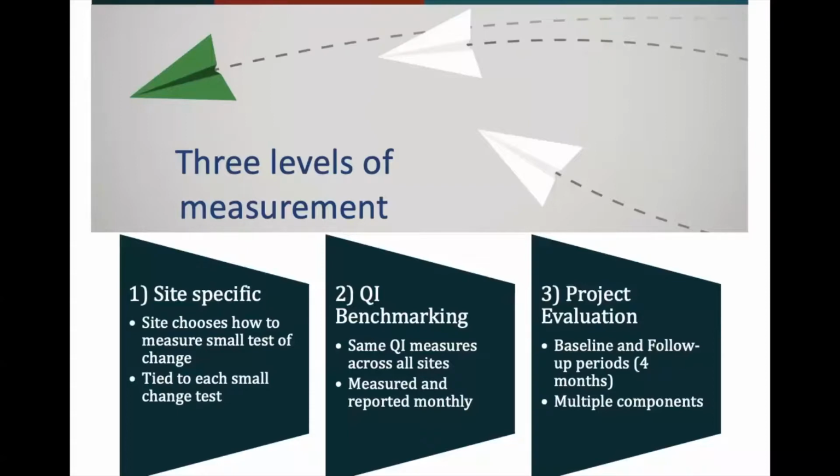There is also a component that's project evaluation, and that is data that's collected only in the baseline period, and we're in that baseline period now, so this first 3 months of startup. And then we will again have a follow-up period at the finish of the collaborative, when we'll collect the follow-up data again. It's the same thing we collect in baseline. There are multiple components.